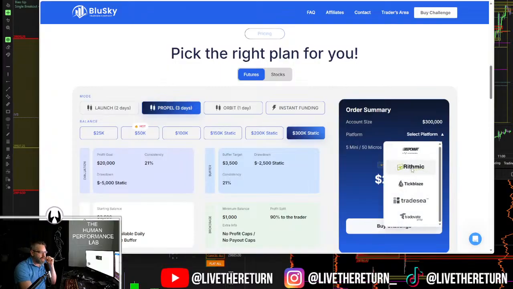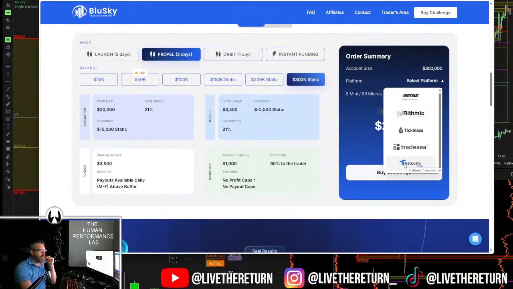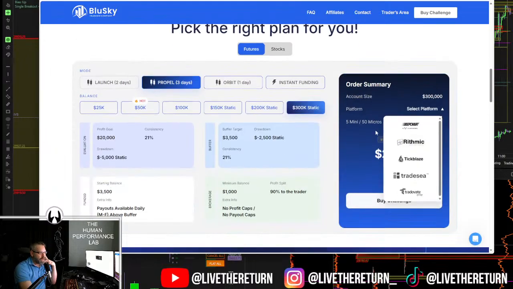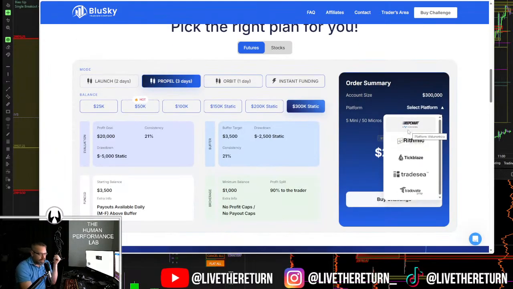And they use Rithmic, they use Deep Charts, they use Tradovate, TradeC, TickBlaze. But if you're using Rithmic, you can use anything out there that's supported by Rithmic. So that would be ATAS, that would be Bookmap, any of those.